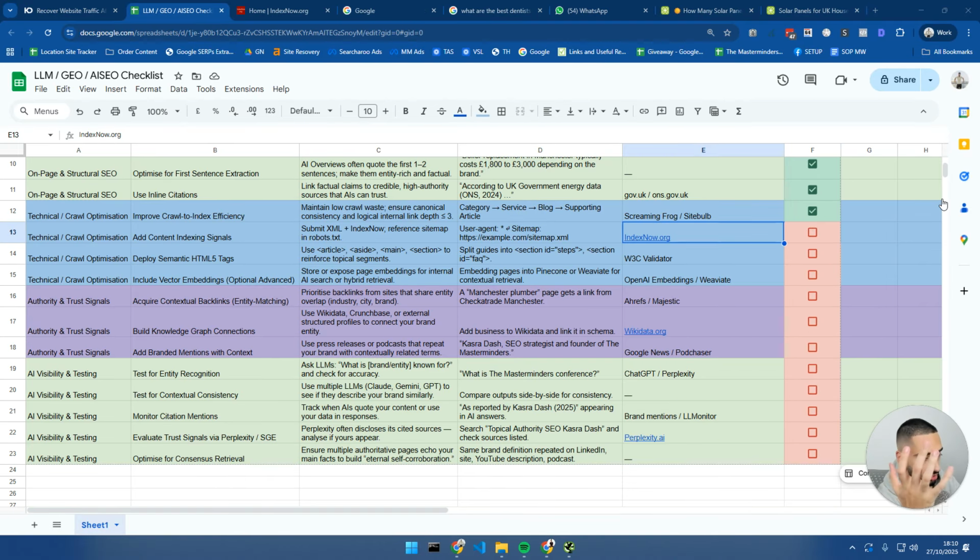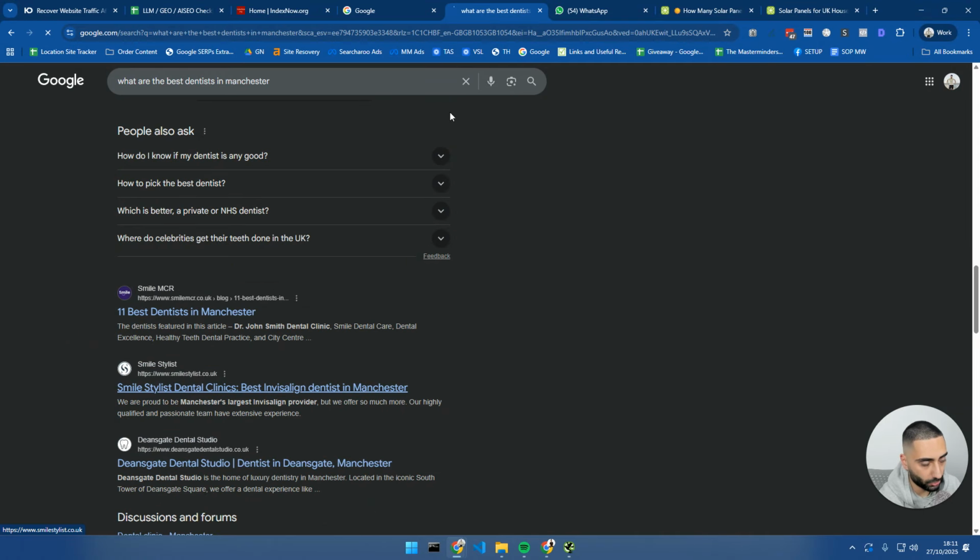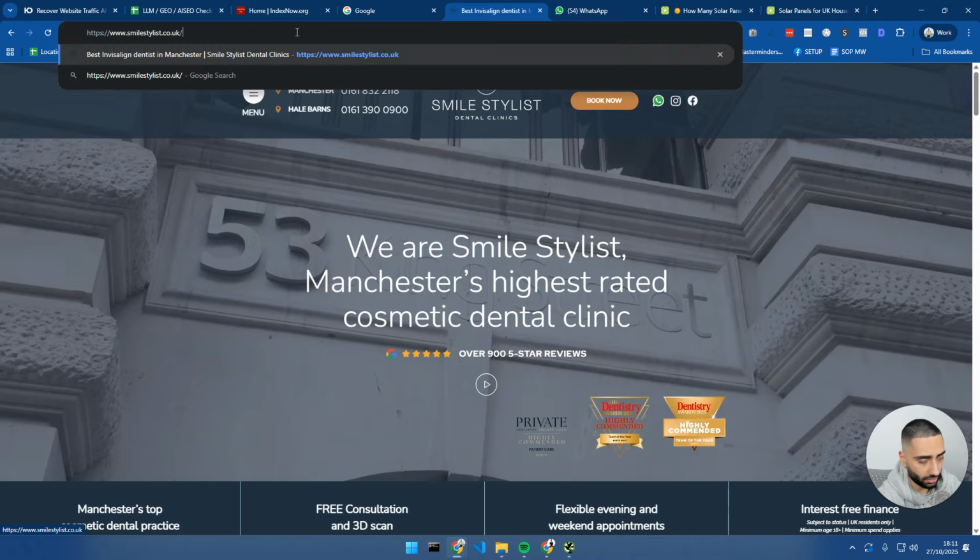The next check that we want to do is make certain that our website actually has a sitemap. Again, this is very similar to SEO, right? Whenever an LLM, whether it's OpenAI, Claude, whoever, comes to crawl your website, one of the very first files it's going to look at is your robots.txt. If you've never looked at what your robots.txt file looks like, I just load up a random website's robots.txt.